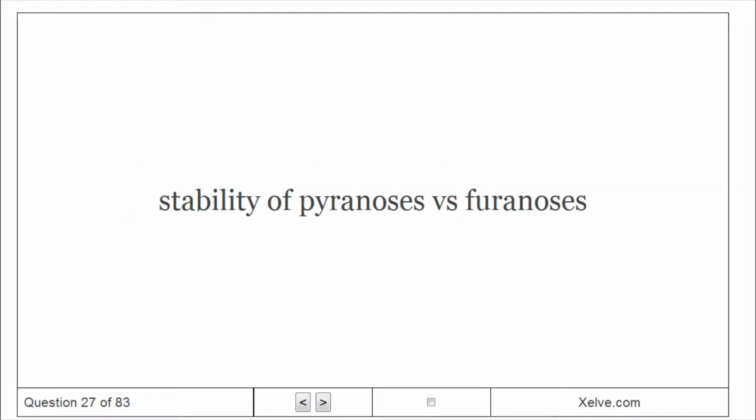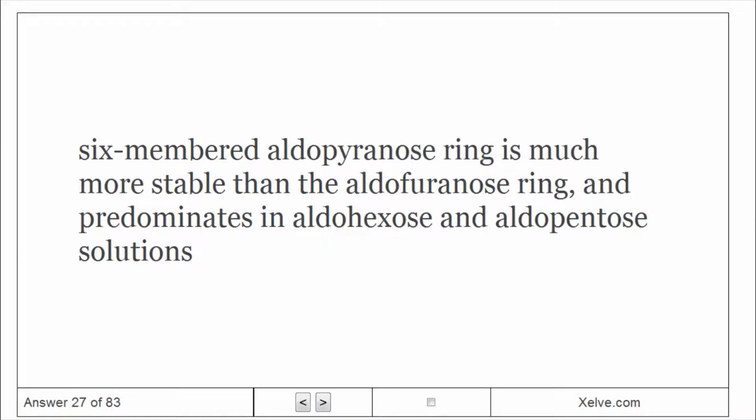Stability of pyranoses versus furanoses: the 6-membered aldopyranose ring is much more stable than the aldofuranose ring, and predominates in aldohexose and aldopentose solutions.